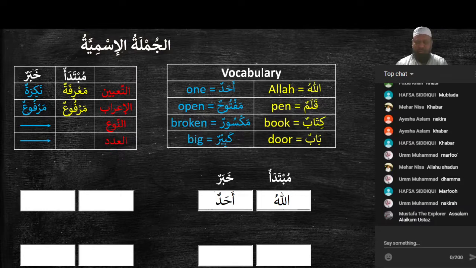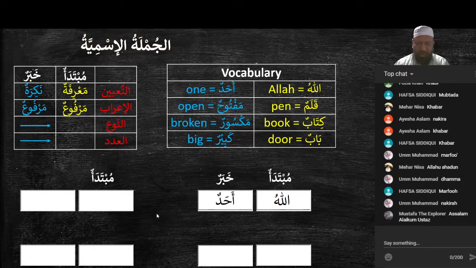So mubtada is ma'rifa in terms of ta'yin and khabar is nakira. In terms of i'rab, mubtada is marfu, khabar is also marfu. Allahu ahadun.